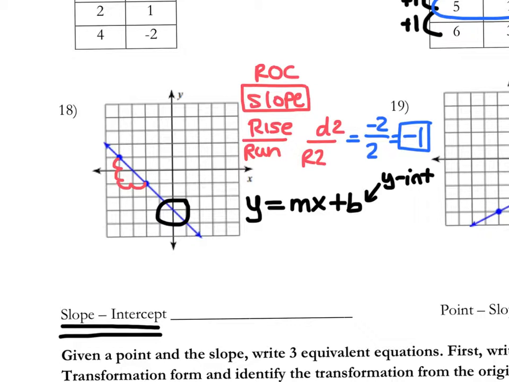That's happening down at negative 3. So that's it. There you have it. We have our equation. y equals my slope, negative 1, x plus negative 3. I'm just going to write that as minus 3. And that's my answer.